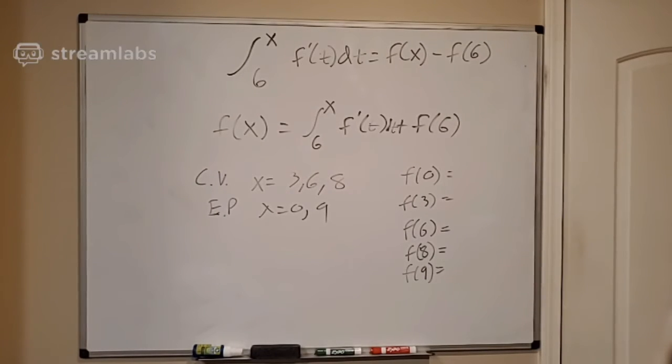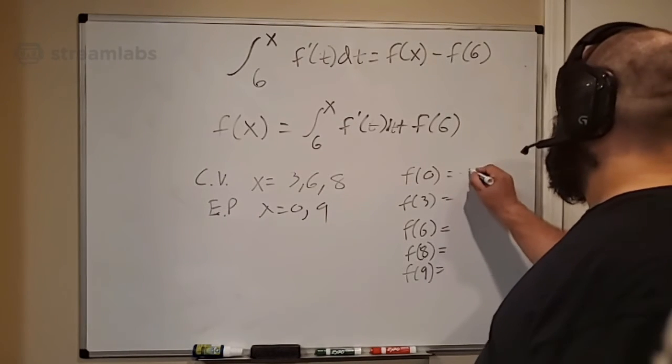Is it negative 2? Yes. Very good. So negative 2, and then plus f of 6. What was f of 6 again? Was it like 7? Yeah, 7. The endpoints. So you get negative 2 plus 7, which is 5.